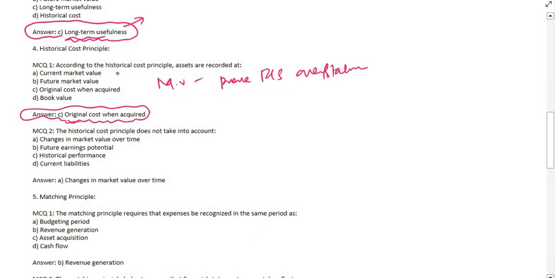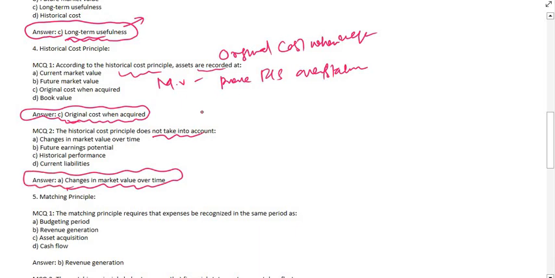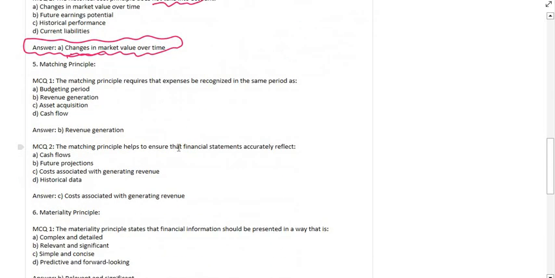The historical cost principle doesn't take into account changes in market value over time, because we are recording the asset at original cost.